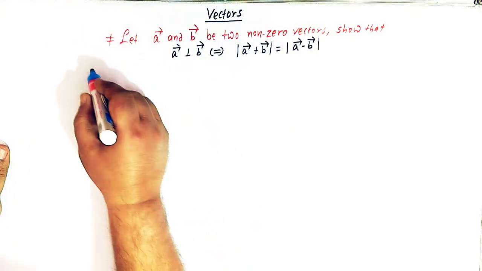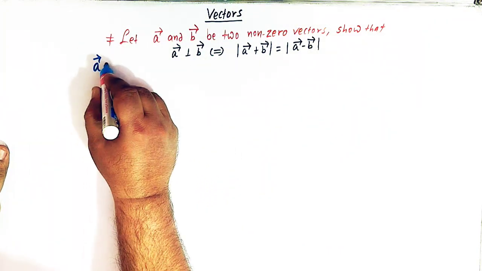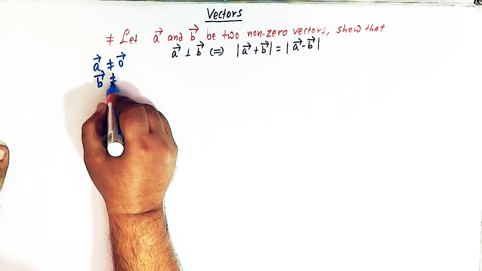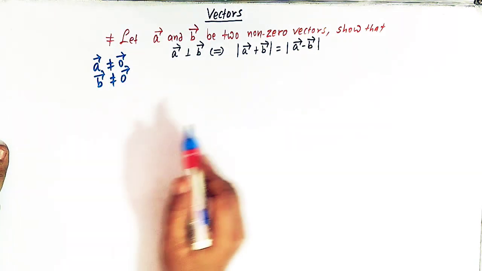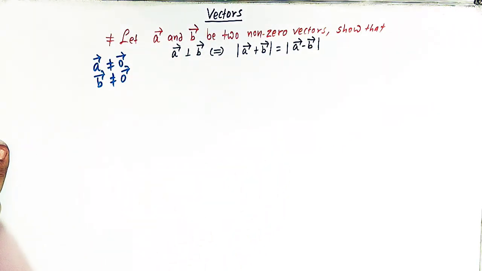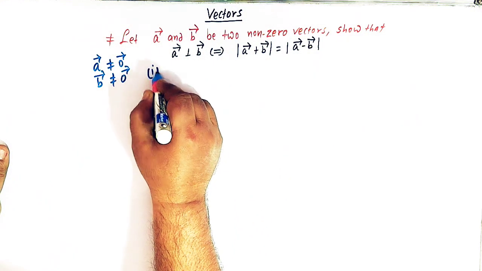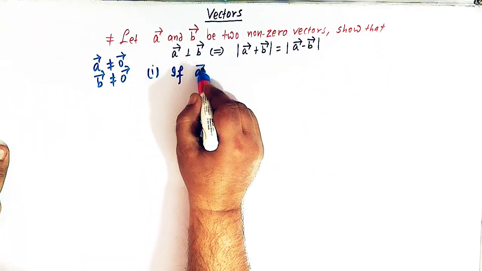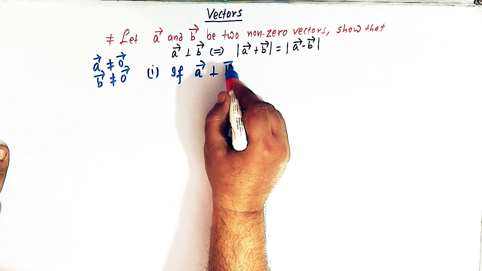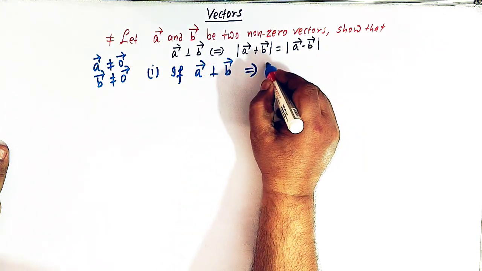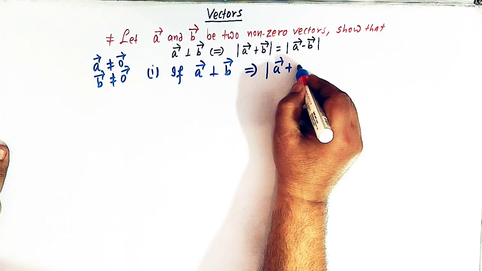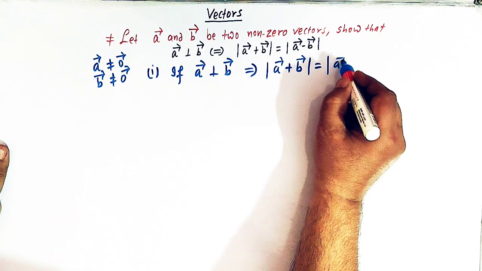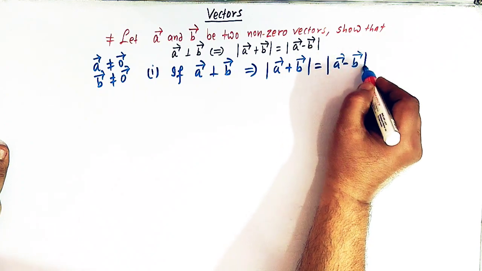Here we are given that vector A and vector B are non-zero vectors, right? So here we have two cases. The first case is that we have to prove that if vector A is perpendicular to vector B, then the magnitude of vector A plus B is equal to the magnitude of vector A minus vector B, right?